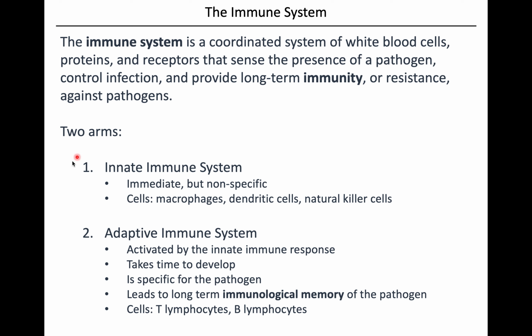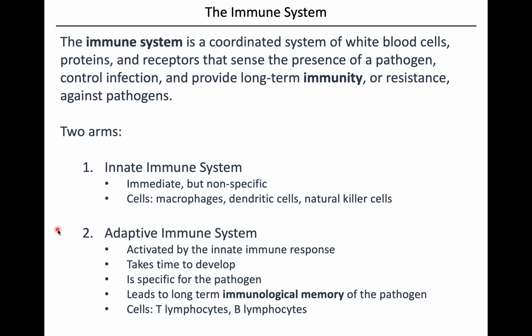And I'm going to focus here in this part on the innate immune system, which is very immediate, is activated very quickly, as we'll see, but it's not particularly specific. And it includes cells such as macrophages, dendritic cells, natural killer cells, whereas the adaptive immune system takes some time to get going, but it is very specific for individual pathogens, and it's also very long lasting.